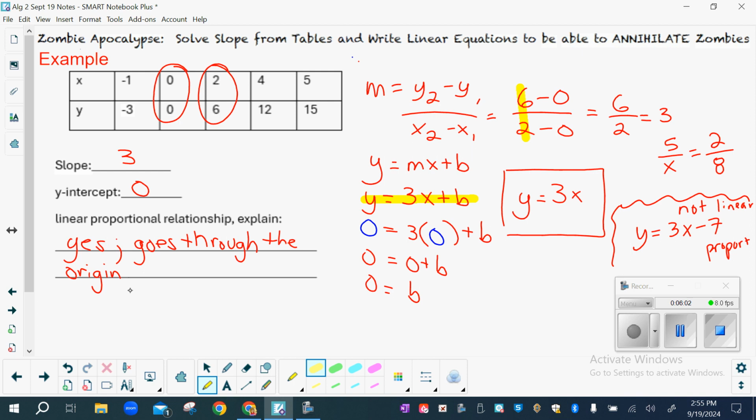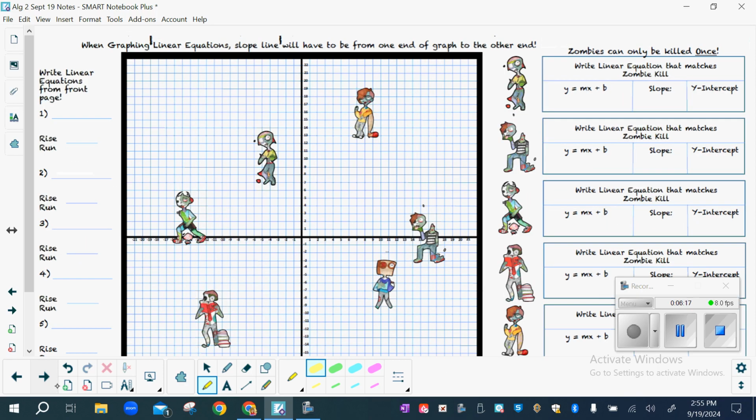This one here does not. This is not linear. You can tell.